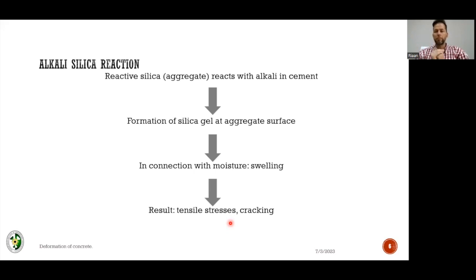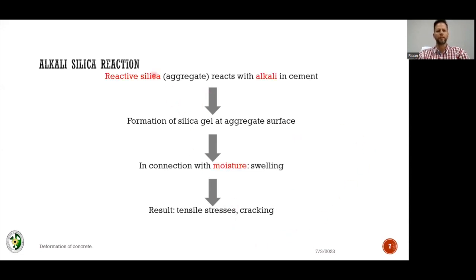And depending on the speed of your ASR, which we also like to call your concrete cancer, this cancer happens inside your concrete. It literally starts at day one, but it might not be as noticeable in the early stages, and it becomes more pronounced later during the age of your structure.